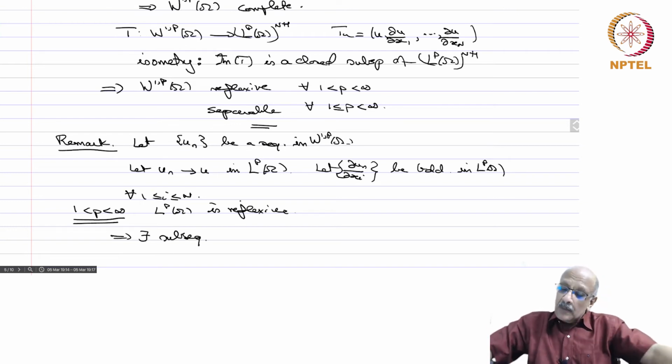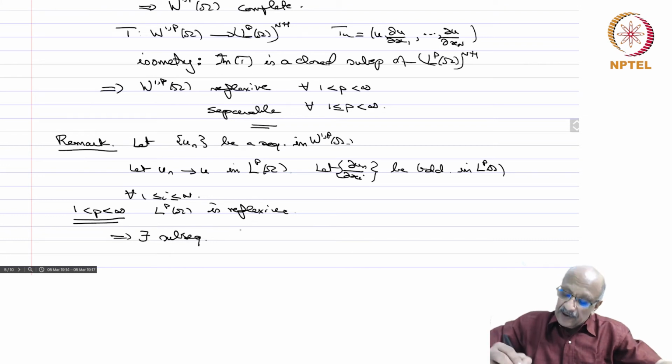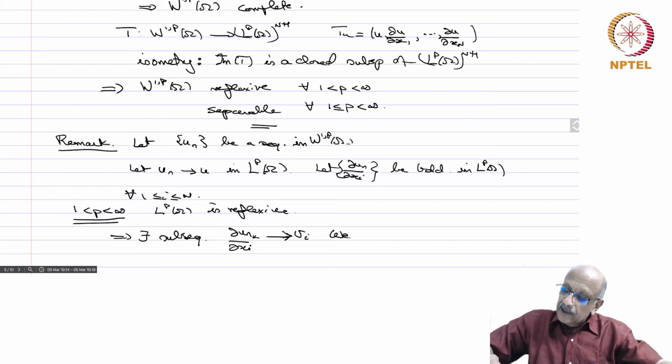You can choose a common subsequence for all of them, they are only a finite number, such that dunk by dxi converges to some vi weakly in Lp of omega.